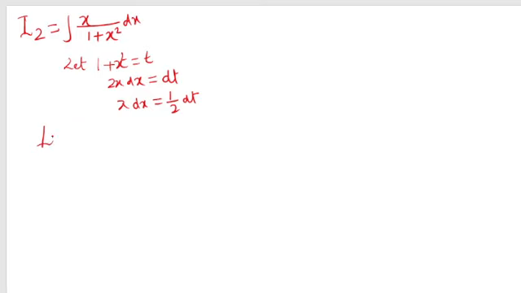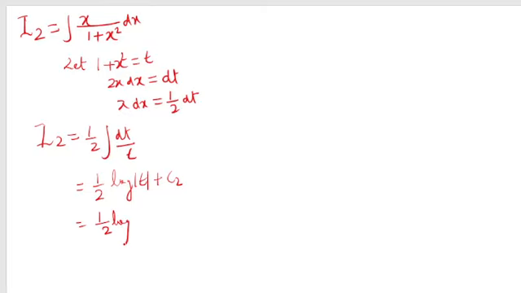Means I2 is equal to 1 by 2 dt upon t, so 1 by 2 log of t plus C2. Here t is equal to 1 plus x square. So this is our I2.